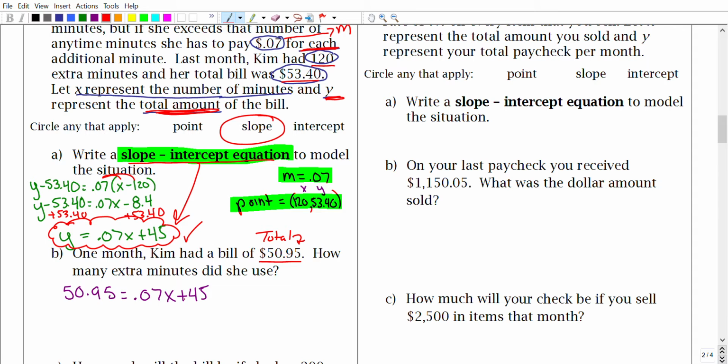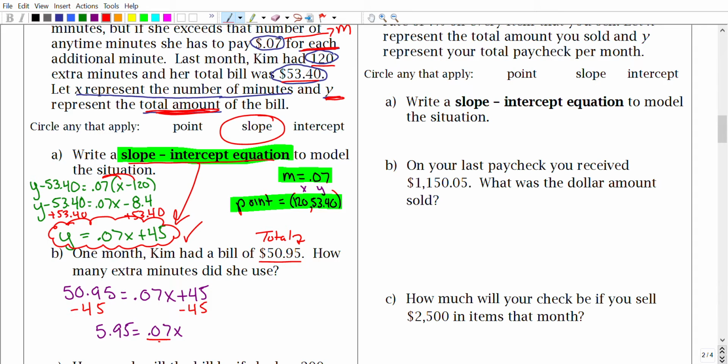Go ahead and subtract 45 from both sides because I'm trying to find x, which represents the number of extra minutes. So I get 5.95 equals 0.07x.